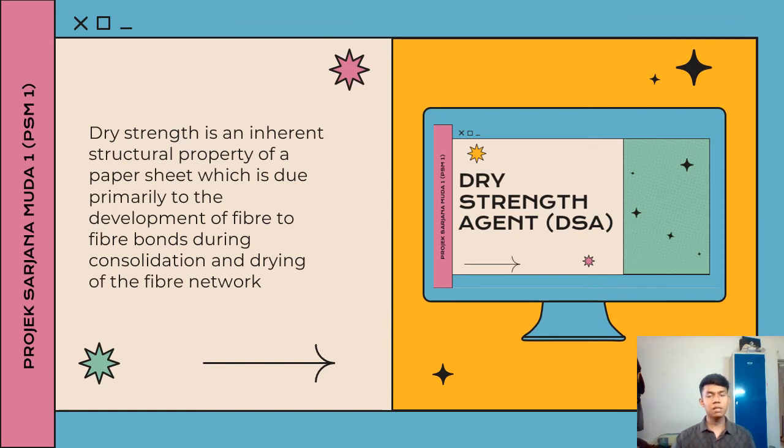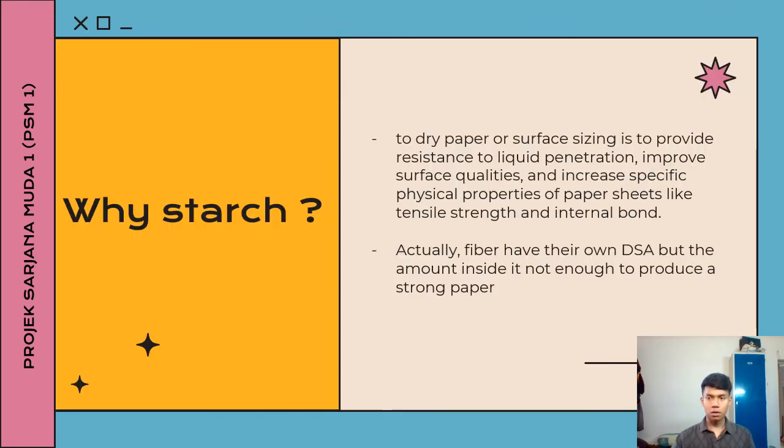Dry strength is an inherent structural property of a paper sheet, which is due primarily to the development of fiber-to-fiber bonding during consolidation and drying of the fiber network in the paper making process. The dry strength agent functions to bond the chemical and the pulp to make a strong paper.